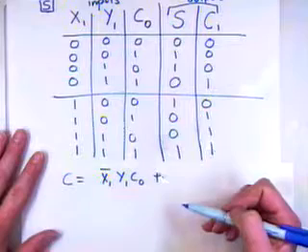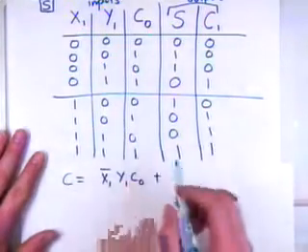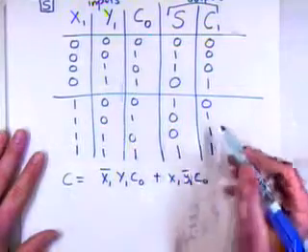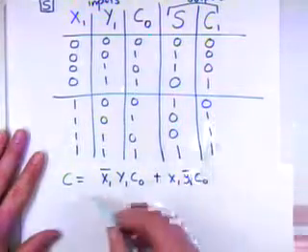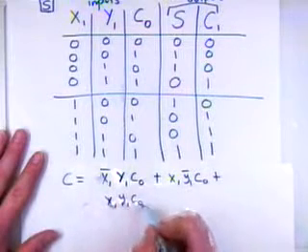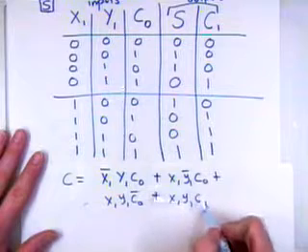Because we should have to carry if at least 2 of them are true. So when we have x1 is true, y1 is false, and c0 is true, we have another one. Then we have a one where x1 is true, y1 is true, and c0 is false. And in the final case, all 3 of the variables are true.